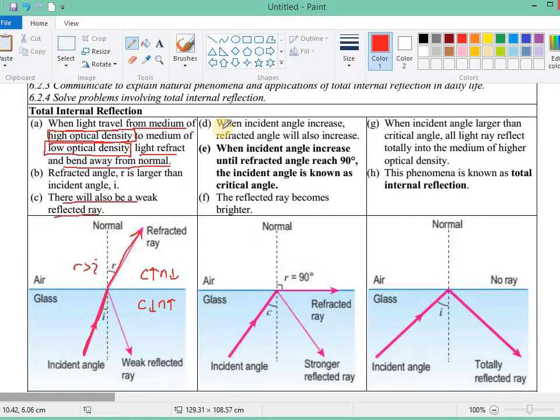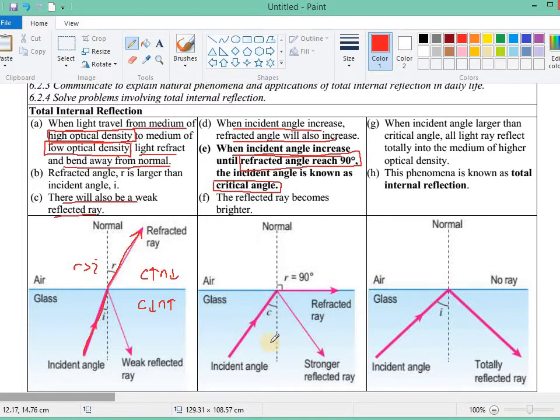When the incident angle increases, the refracted angle will also increase. And when the incident angle increases until the refracted angle reaches 90 degrees, the incident angle is known as the critical angle. That means like this.